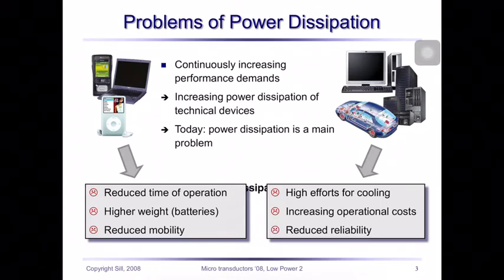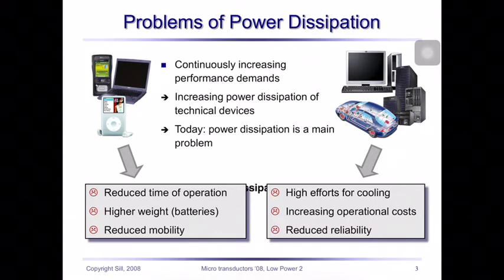So now, what is the problem when we have such small devices is that the power density in a specific area, in the small area of the chip, is very high. So this is the main problem of today's chip, and this is what the engineers are focusing on. So they are currently working to reduce power dissipation in chips.